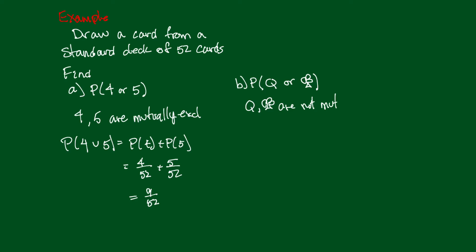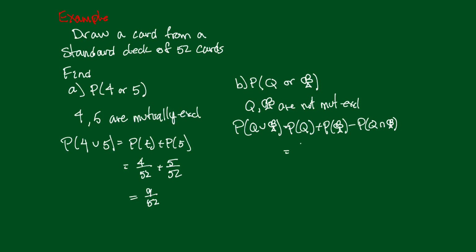So the probability of getting a queen or a club is the probability of getting a queen plus the probability of getting a club, minus the probability of getting a queen and a club.